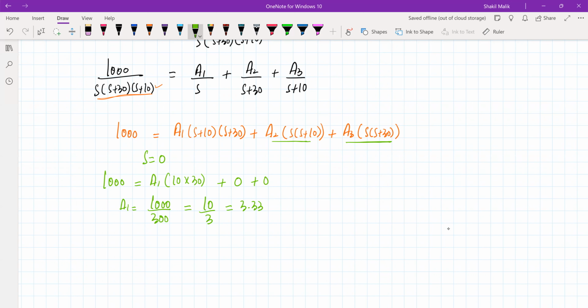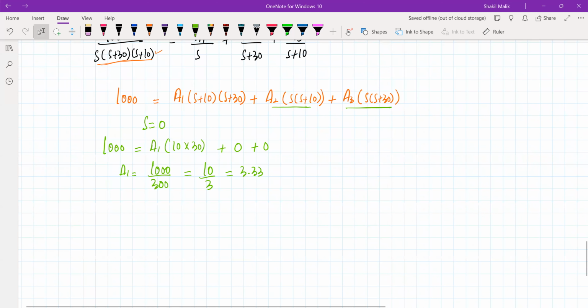So A1 is 3.33. Now to get A2, I will make the terms with A1 and A3 go to 0. When will these two terms be equal to 0? If s is equal to minus 30. So if I put s equal to minus 30, what will we get? 1000.